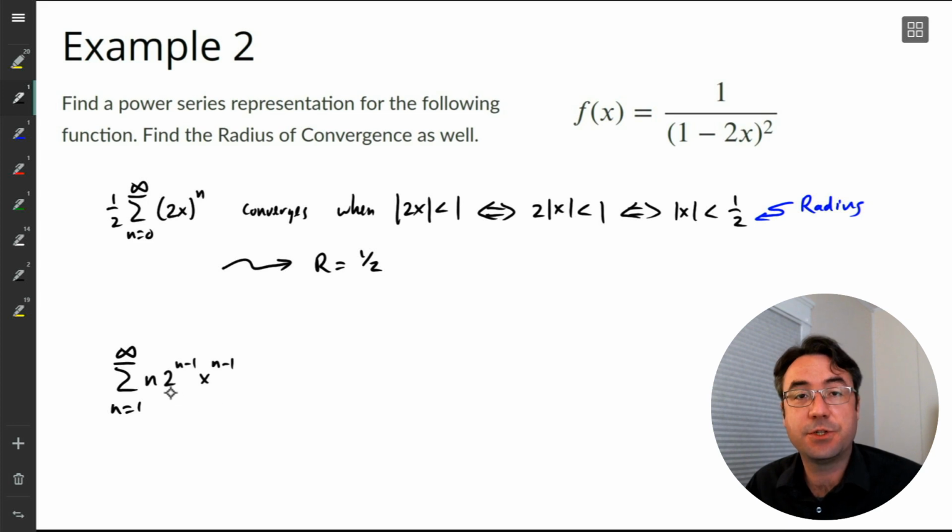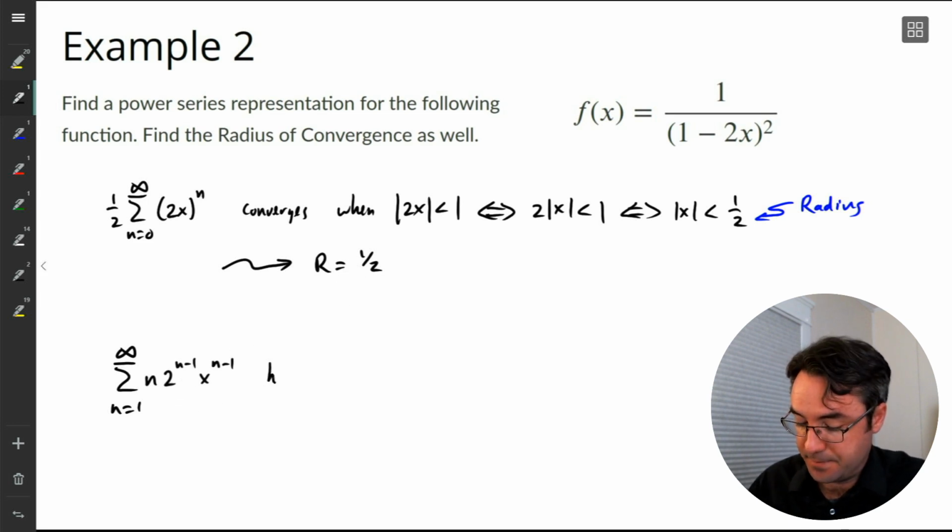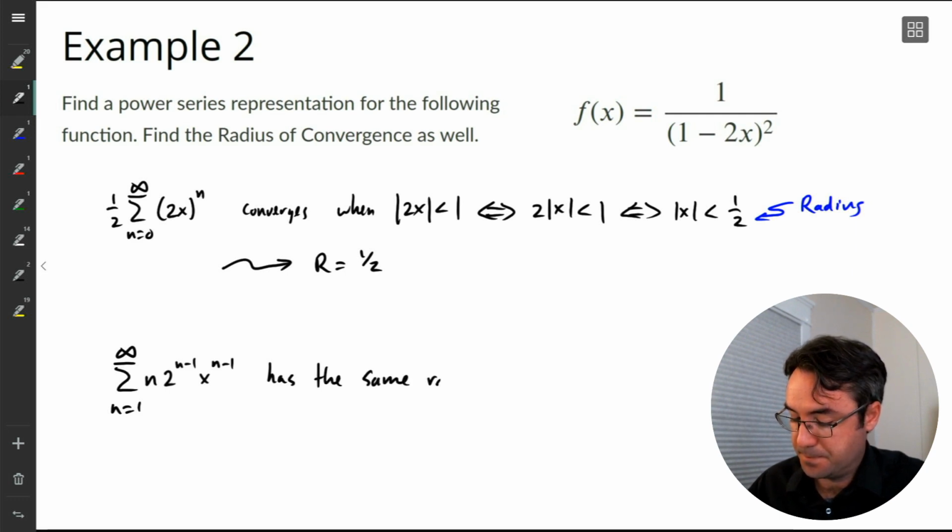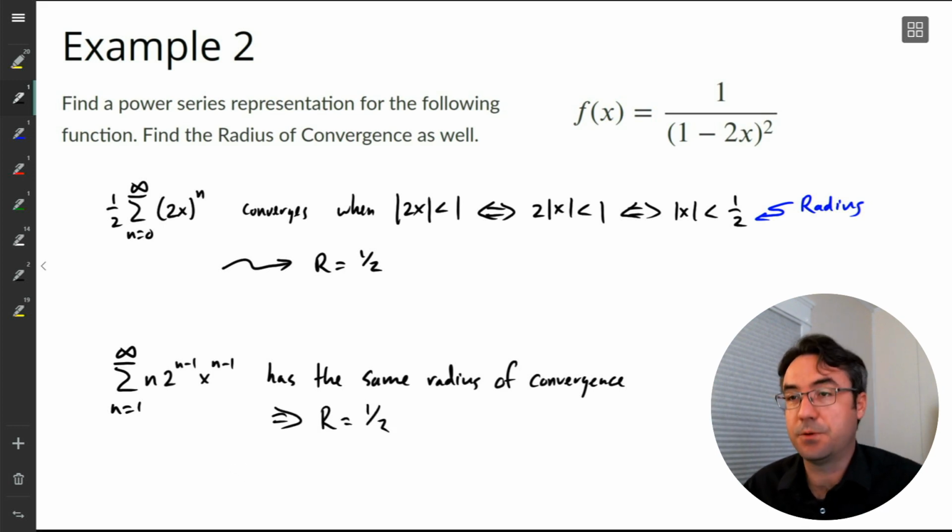The radius of convergence for this power series has to be exactly the same. So r is equal to 1/2, just the same.